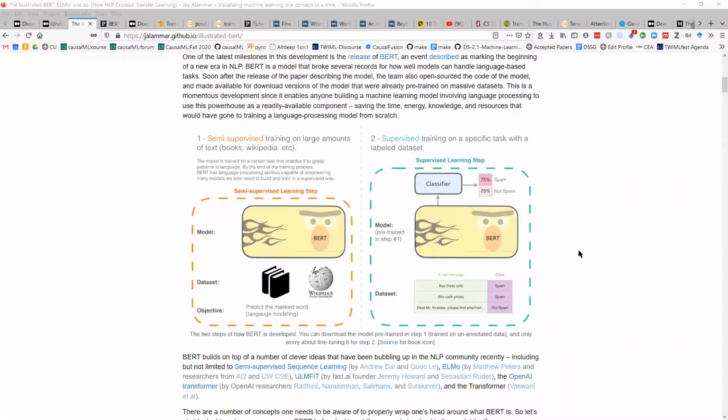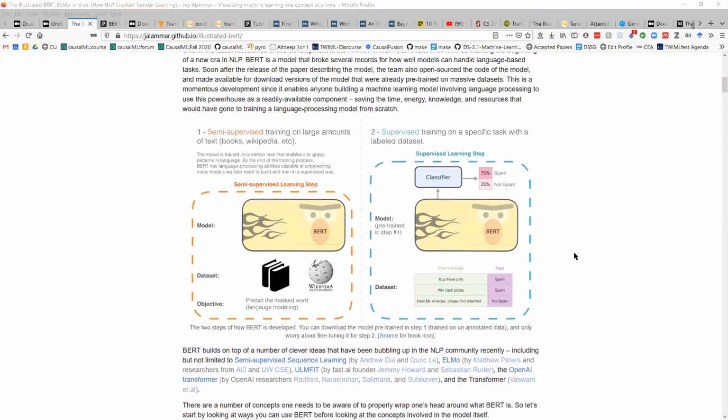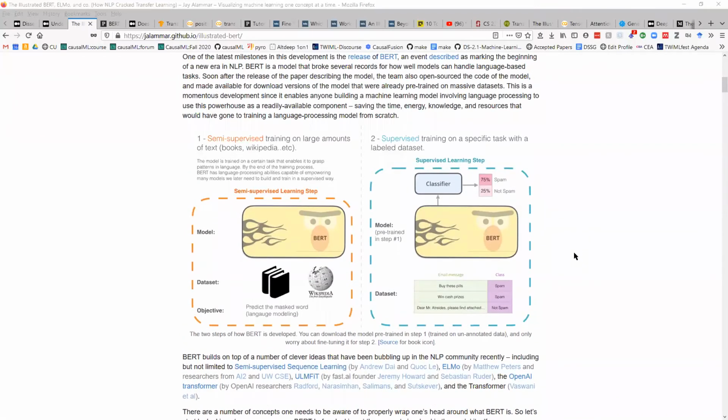The application that he shows here is that BERT can do spam detection. You give it a list of sentences, and then it can classify them as either spam or not spam. He shows that this is done in two steps.